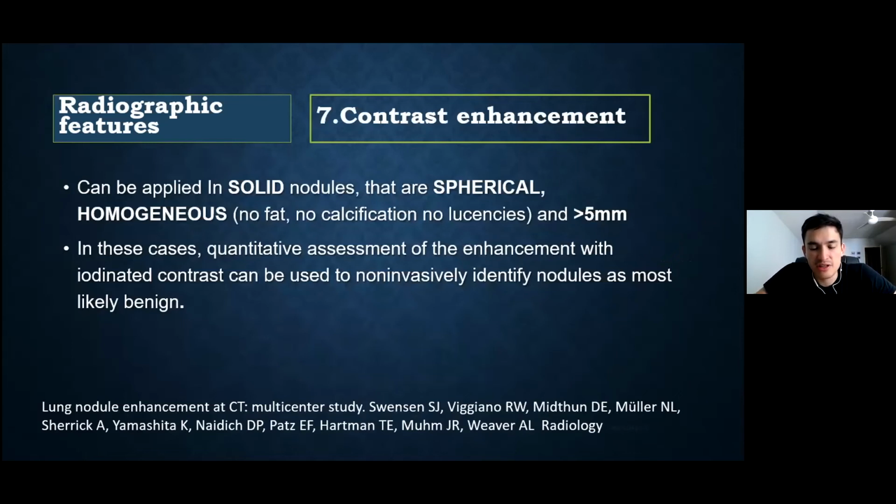And this feature is also described. I really don't know if it is used in clinical practice, but it's described. And a chest CT with contrast can be used for solid nodules that are spherical, homogeneous, without fat or calcification, and more than 5 millimeters, to rule out that the nodule is benign.